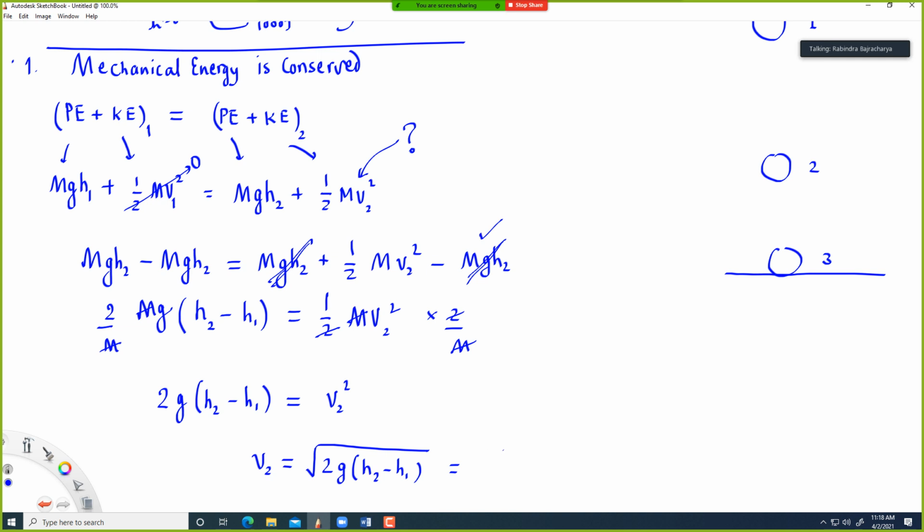Now, plug in the numbers. g is always the same. It's acceleration due to gravity. Now, initial height is 3 meters and final height is 1 meter.